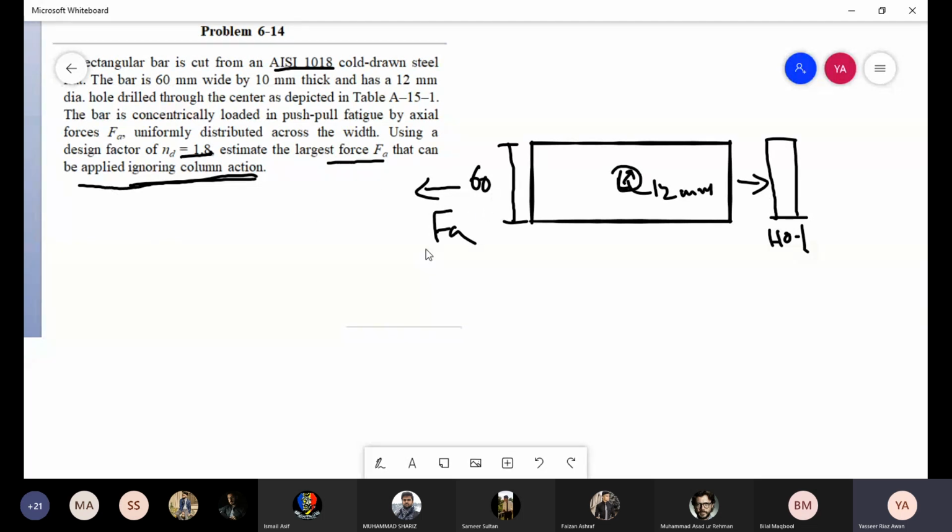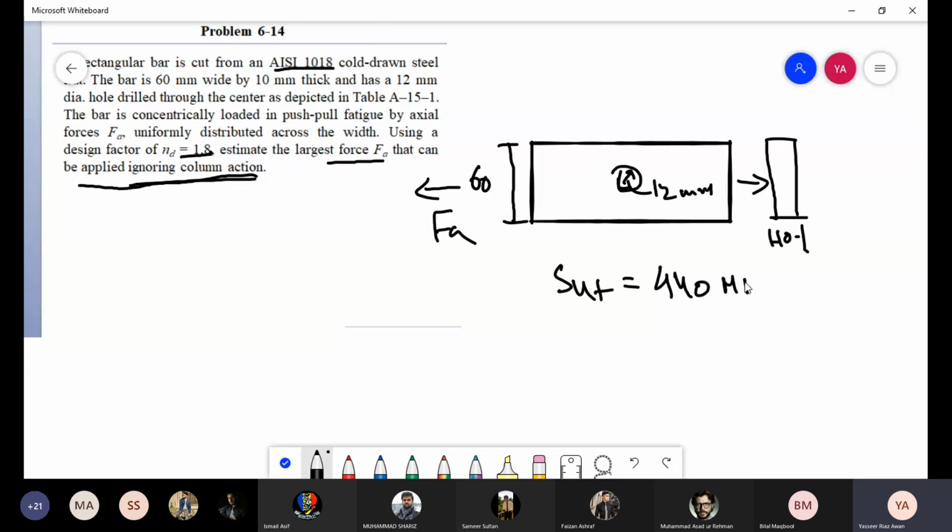So that is why all of our discussion in terms of strength is directly applicable. So we start with the material. AISI 1018 steel is given. So we look in the appendix A-20 to get the ultimate strength for this material, that is 440 megapascal.